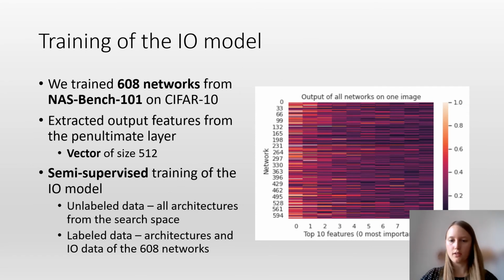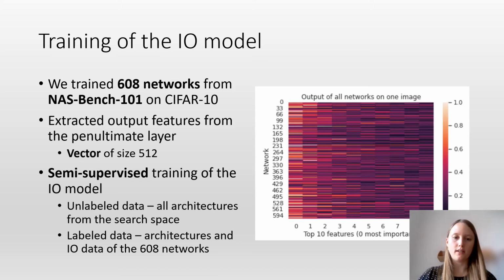And how is this model trained? We chose a semi-supervised design of the training because we needed to pre-train some networks from NAS-Bench, which would take a lot of time to train a lot of them. And we needed them to extract the output features to get the I/O data.